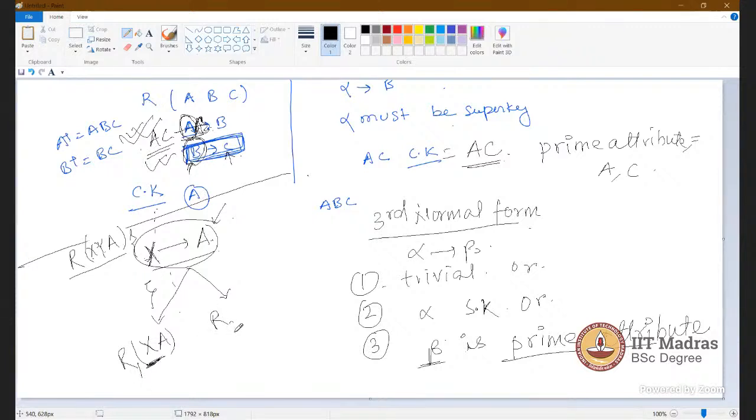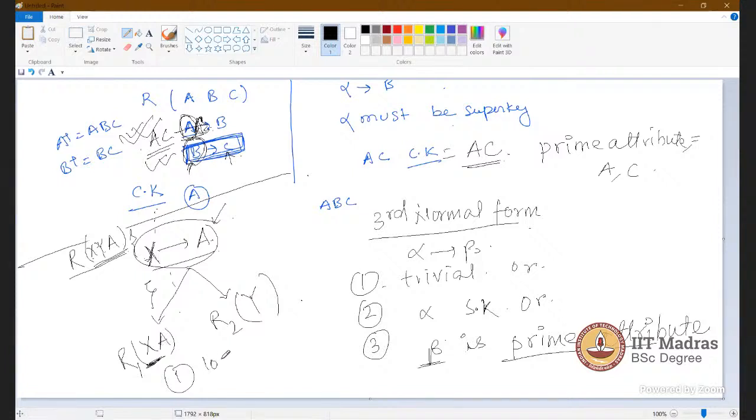And for the second one, take all the remaining attributes, that is Y. So you can check that's the BCNF. By BCNF, you are guaranteed that this particular one is a lossless decomposition.